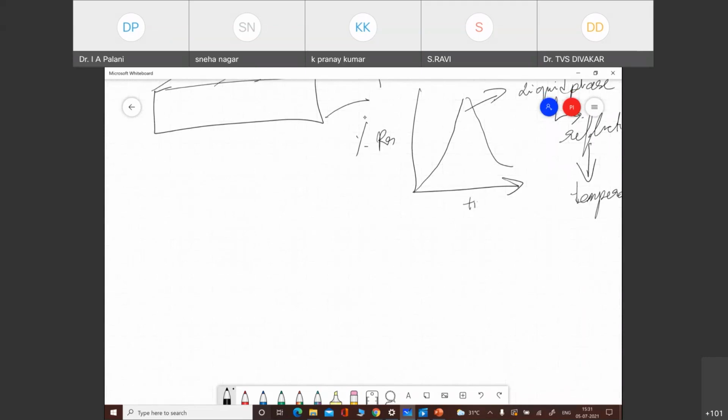Another arrangement is what we call the shadowgraphic technique. As far as the shadowgraphic technique is concerned, for example, you might have seen an engine.